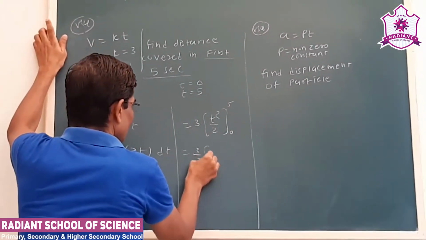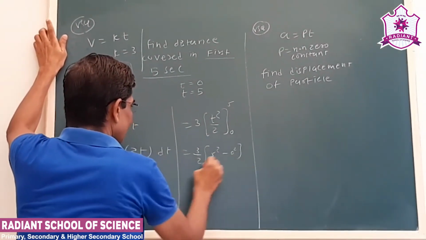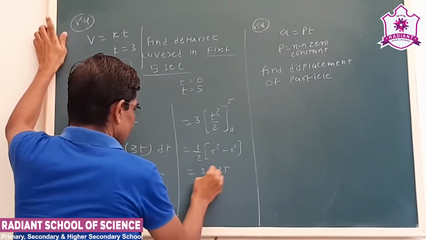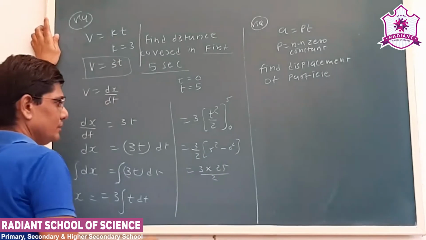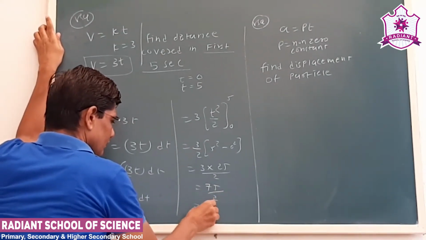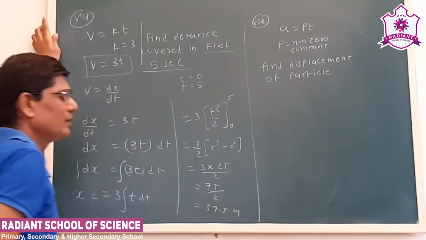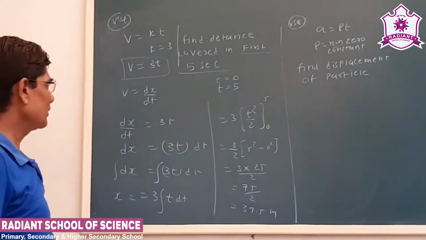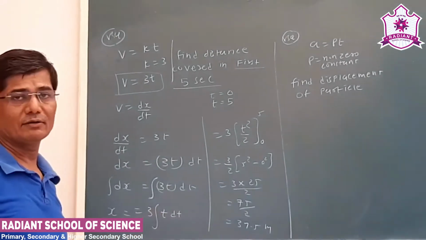That is 3 by 2 into 5 square minus 0 square. So this is how, if we are given the velocity versus time relation, we can find out displacement.